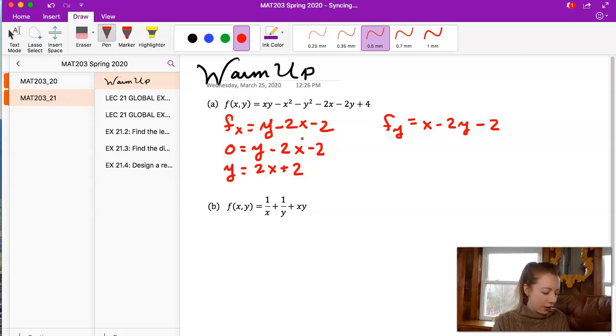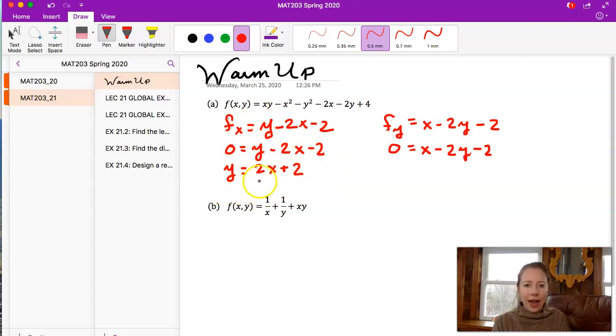Let's do the same thing over here. 0 is equal to x minus 2y minus 2. In order to find the critical points, we know that y is equal to 2x plus 2 from our partial with respect to x.